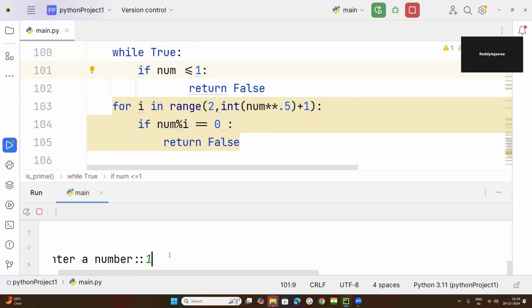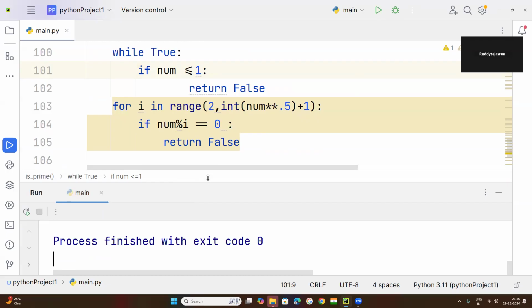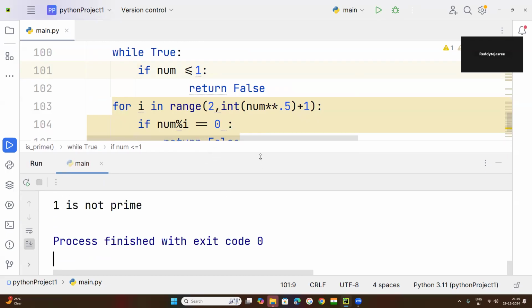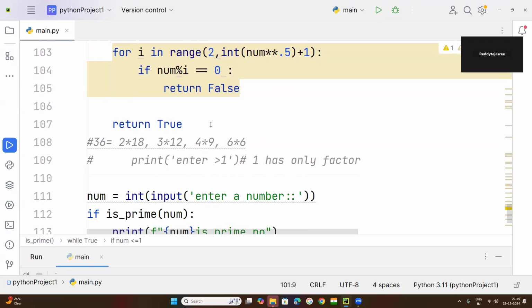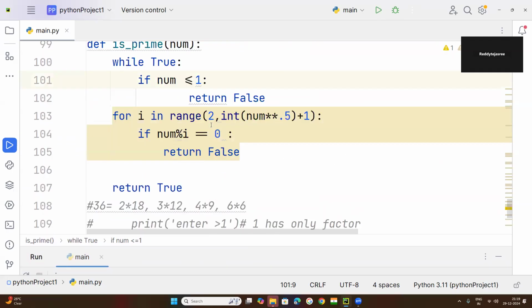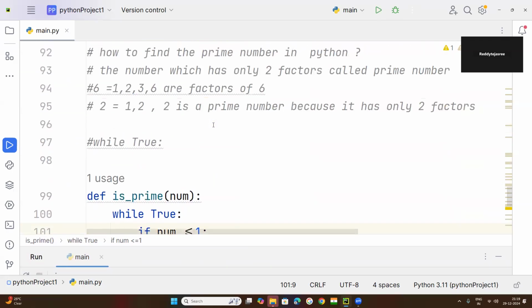Enter a number. So that is why the loop is continuous until the user exits it. Okay, that is the thing. Okay, so we will check that in the next class.